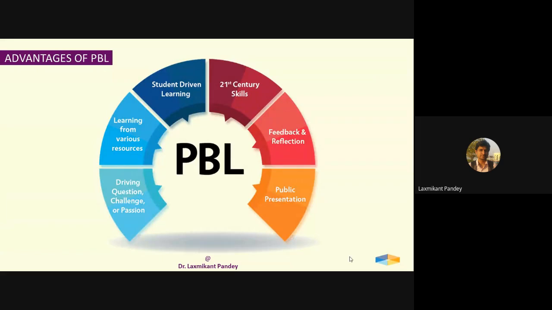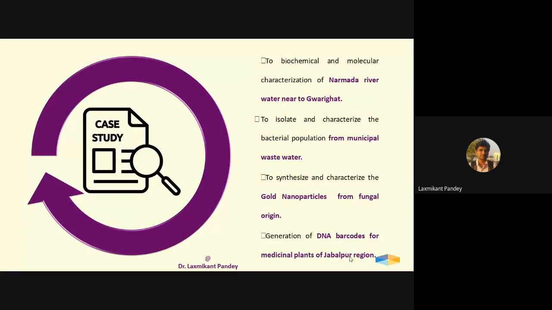That's a very good thing. Feedback and reflections are there, and by this you are going to create some extra skills among the students. Public presentation, yeah, that is a very important thing. Like as I mentioned, I had given a problem like biochemical and molecular characterization of the Narmada River water near the Gauri Ghat.